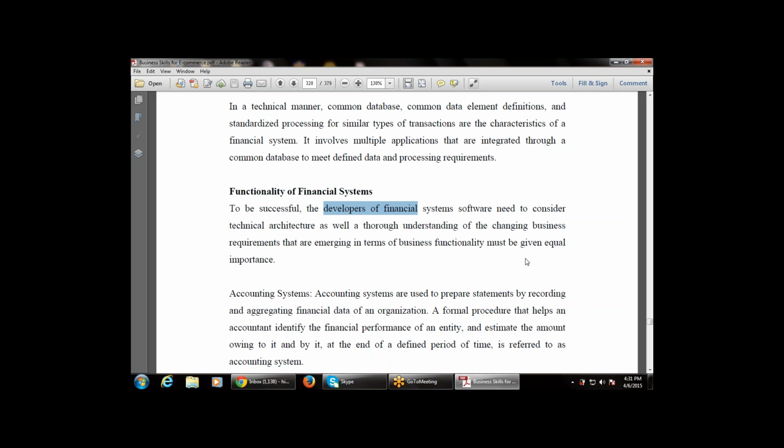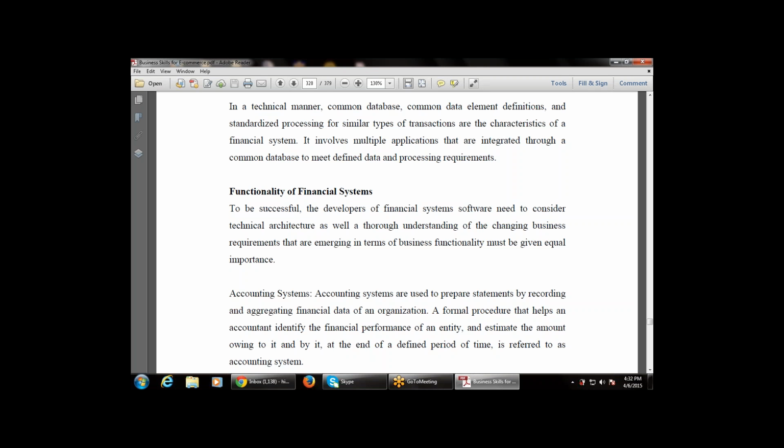Whether they are managers or owners, developers of financial system software need to consider the technical aspects as well as a thorough understanding of the changing business requirements.